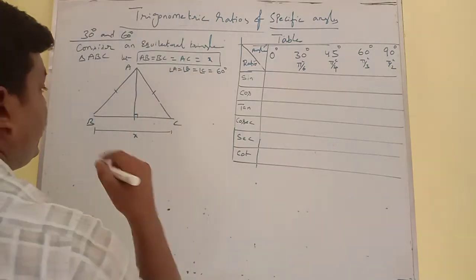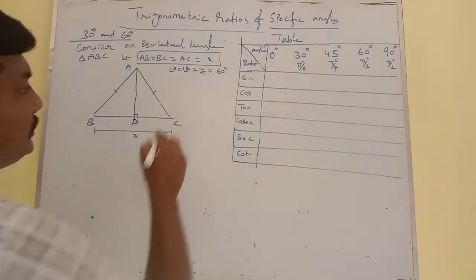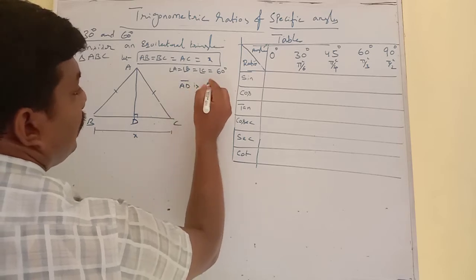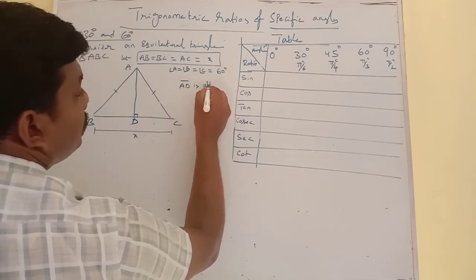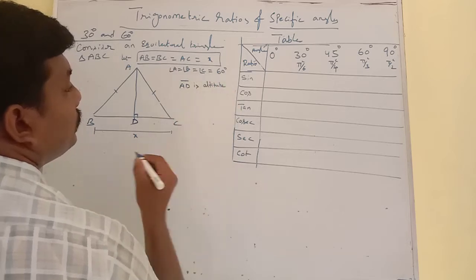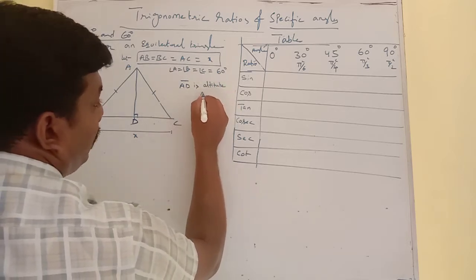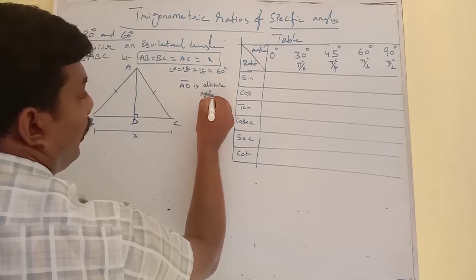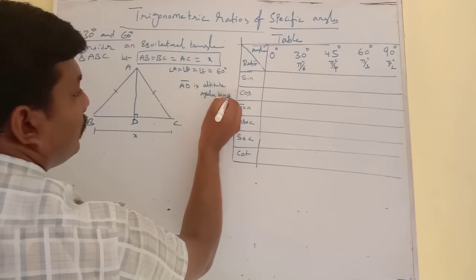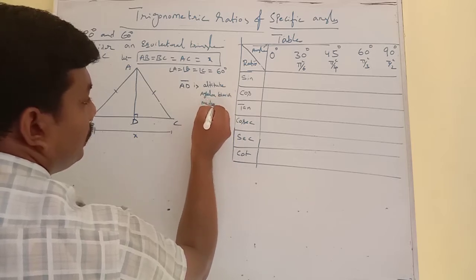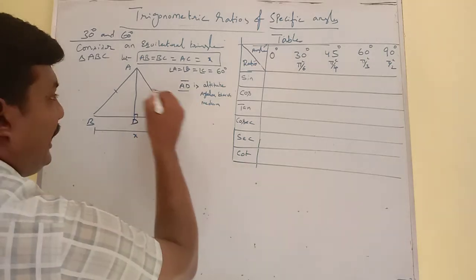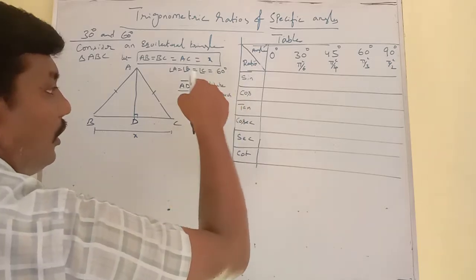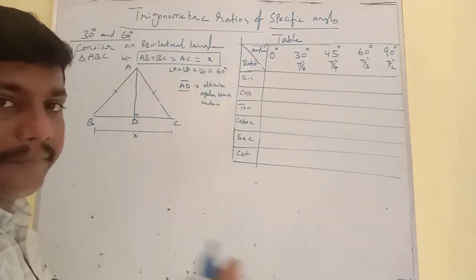So this AD is the altitude, the angular bisector and also the median. AD acts as all three. For an equilateral triangle, the altitude, angular bisector and median are one and the same.